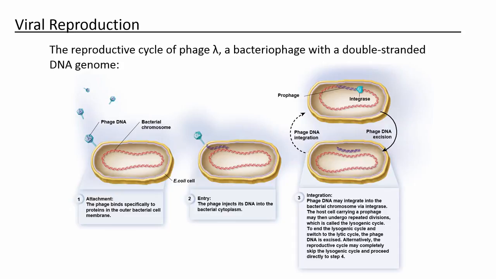So these glycoproteins are embedded in the viral envelope, and they bind to receptors. In this case, when we're using the word receptor, we're referring to a protein that's embedded in the plasma membrane of the helper T cell.